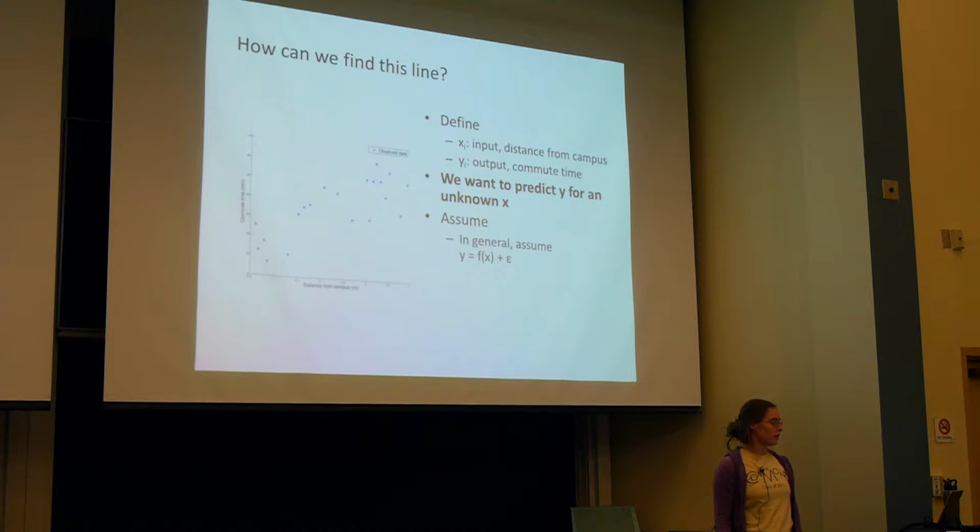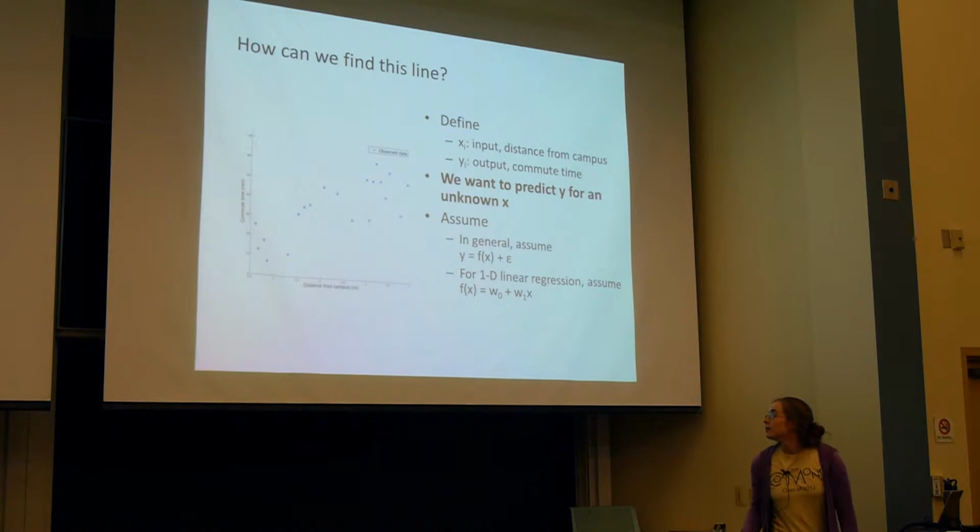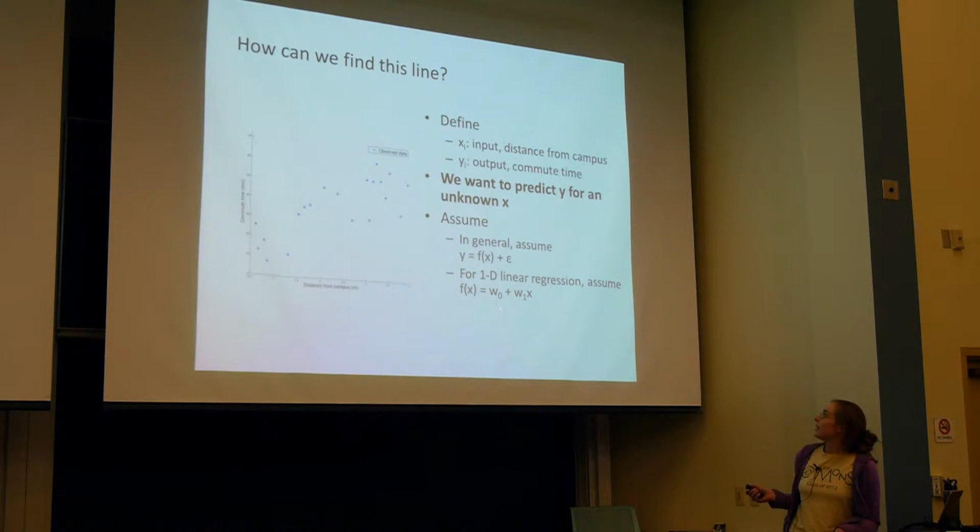So again, in general, in regression, you assume that the output is some function of the input plus some zero mean noise. And for the case of one-dimensional linear regression, this line really only has two values that define it, the intercept, w0, and the slope, w1. And we want to learn these values, the parameters of w.